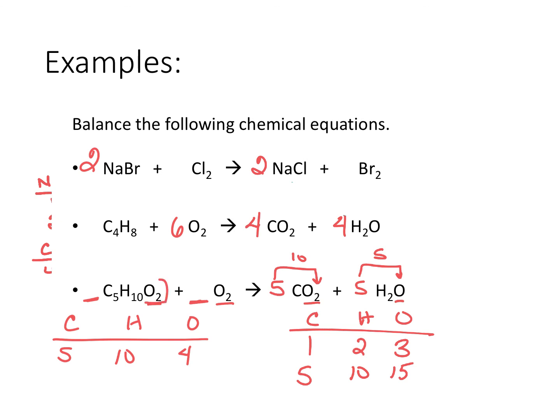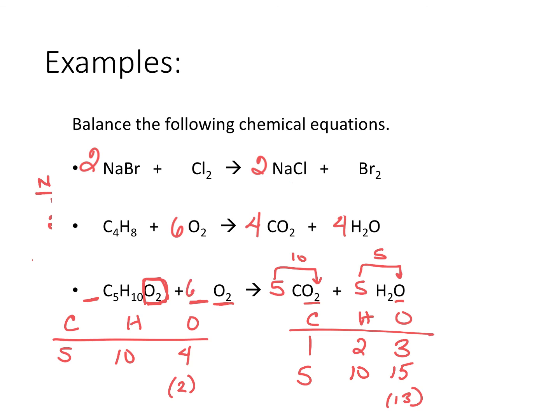So I need to remember I have these 2 oxygens here. So I can really think about having 13 oxygens to balance, because I've already taken care of 2. So if I have 13 on the product side, and I'm focusing on the reactant side, how do I get from 2 to 13?